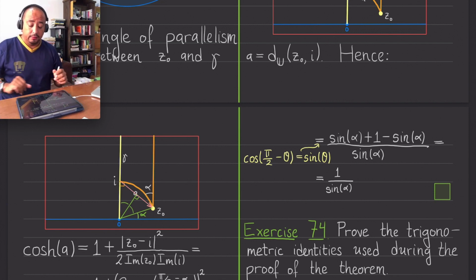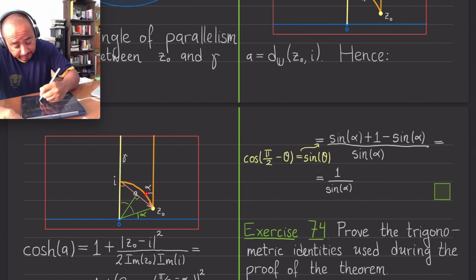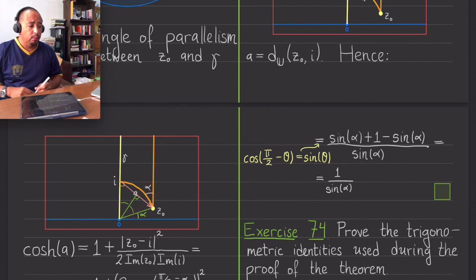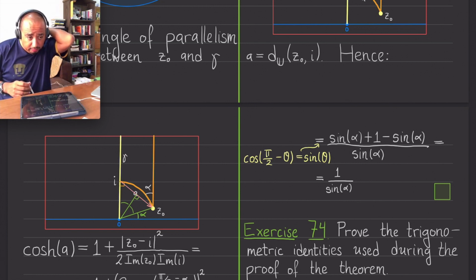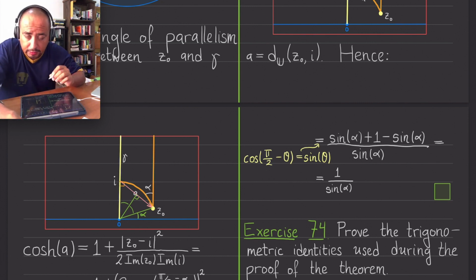Recall from a previous class that that angle was equal to this angle: you draw the Euclidean segment joining 0 and z0, and you measure the angle it forms with the x-axis. That angle was precisely alpha. We proved this in the previous class when we were about to compute the area of a certain hyperbolic triangle.